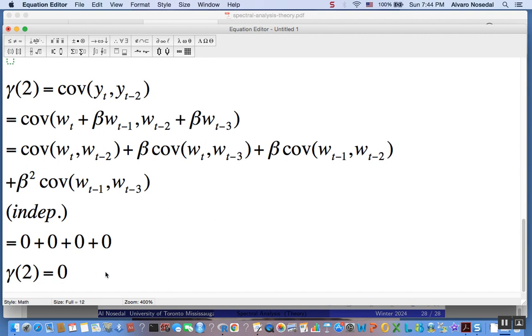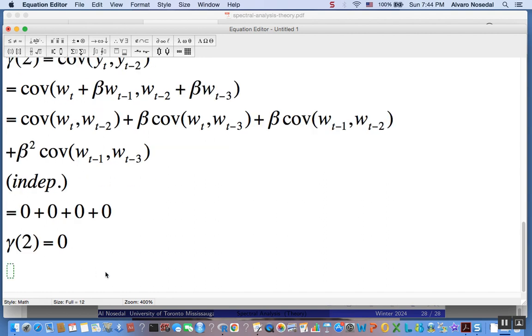We could use a similar argument for any k that is greater than 2. So let me just say that.